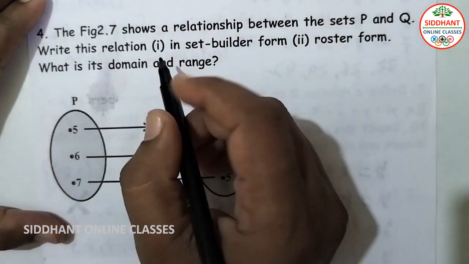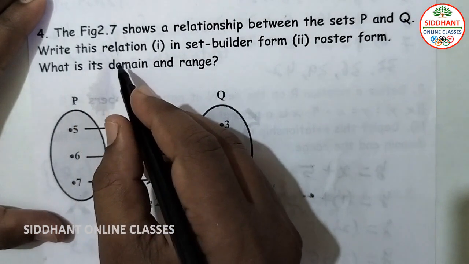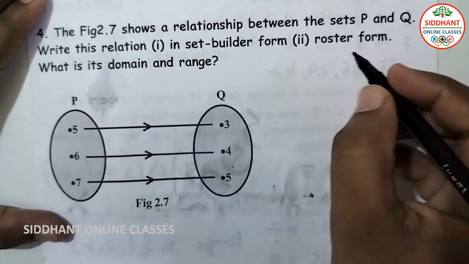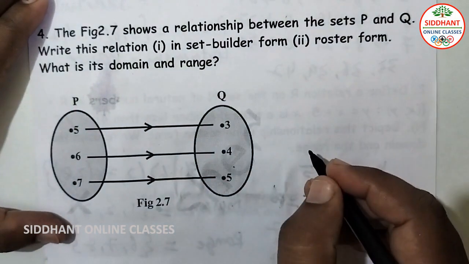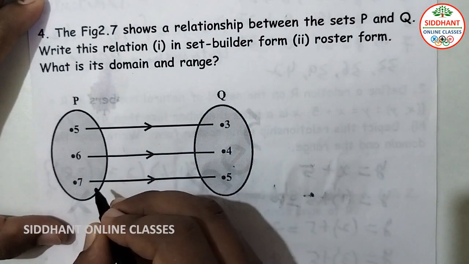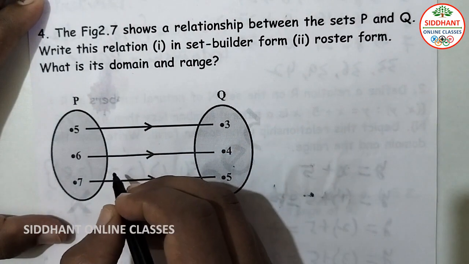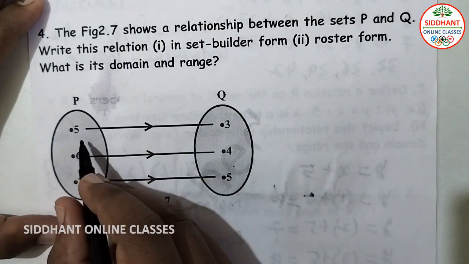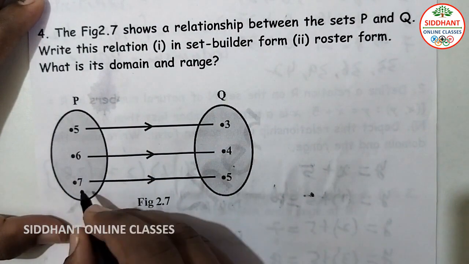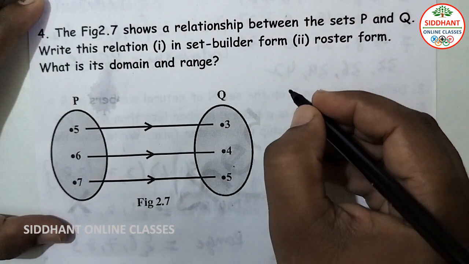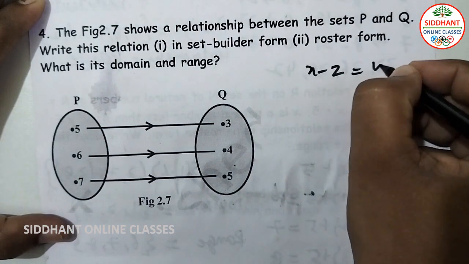Question number 4. The figure shows a relation between sets P and Q. Write its relation in set builder form and roster form, and also write the domain and range. Here we see two sets P and Q, and first we find the relation. Here we see 5, 3, 6, 4, 7, 5, so each is less than x by 2. So we can say that x - 2 = y.